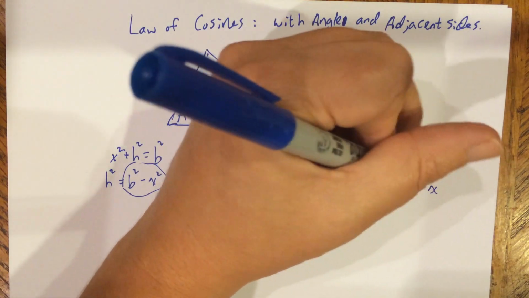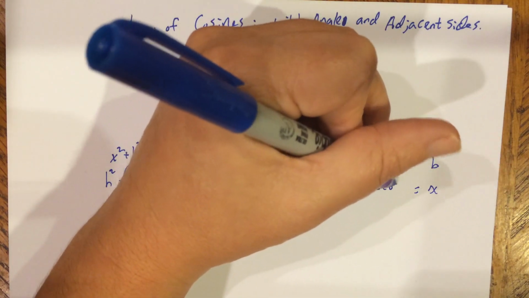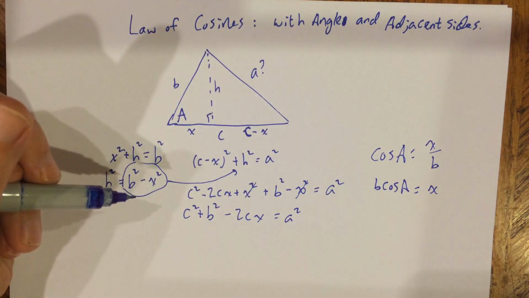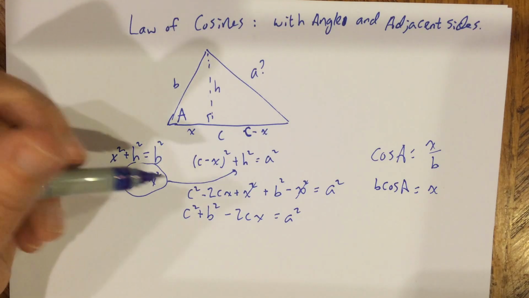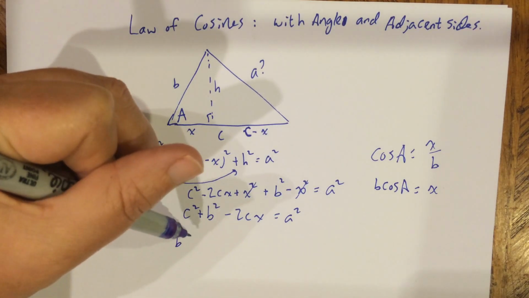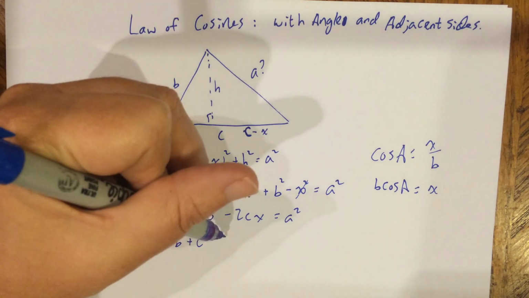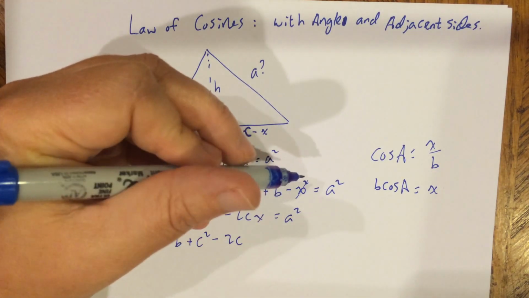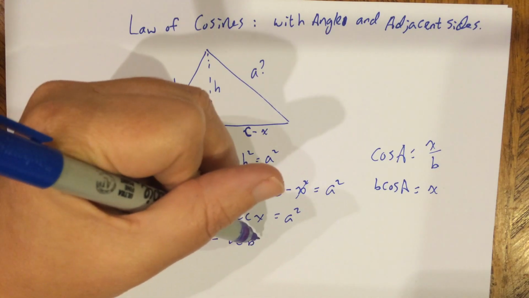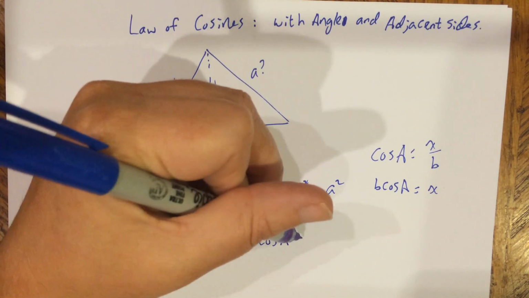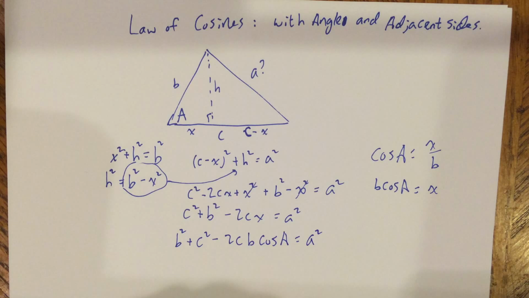So then x would actually equal b cos of A. Now I can just sub that in for my x. Might as well write in alphabetical order. So b squared plus c squared minus 2c, sub in that for x, so b cos A equals a squared.